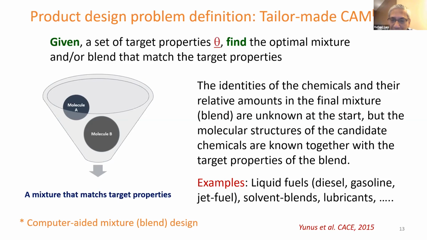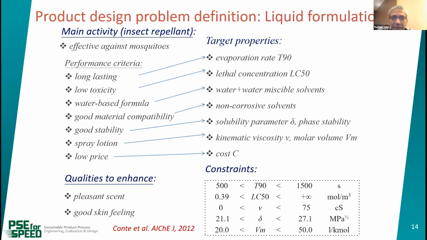Again, what are the target properties of the gasoline that we have to specify? Can we measure them? Can we calculate them? And then how to find the blend is a mixed integer, nonlinear optimization problem depending on the property models. So like this, we can solve liquid fuels, solvent blends, lubricants, and many more.